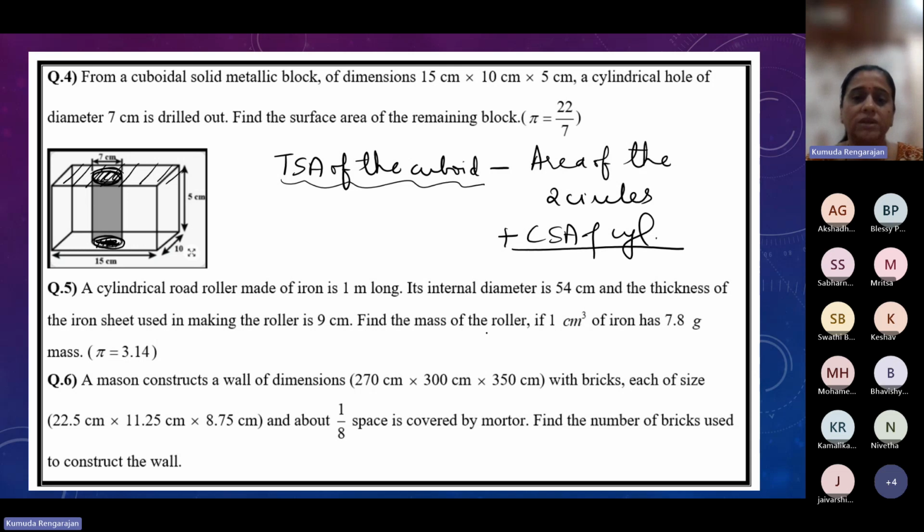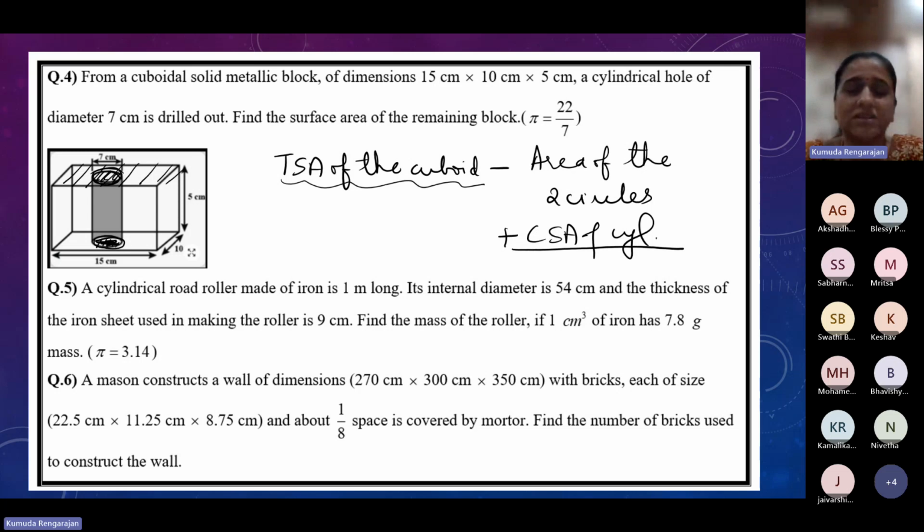The surface area of the remaining block, see, we have understood this. Surface area does not work like this. It is not TSA of the cuboid minus TSA of the cylinder. That's how volume works. If we have to find the volume of the remaining block, it is the volume of the cuboid minus the volume of the cylinder.